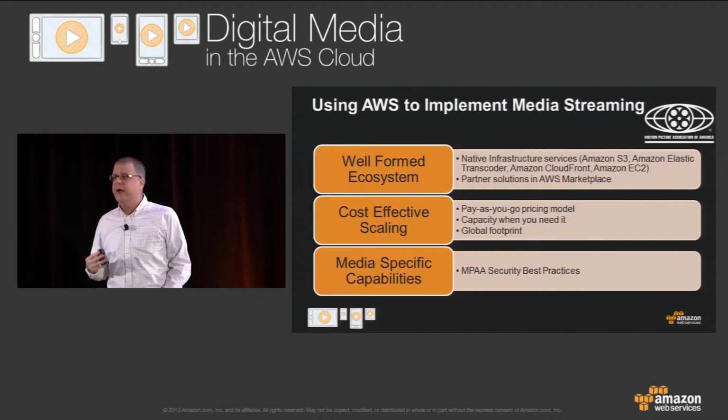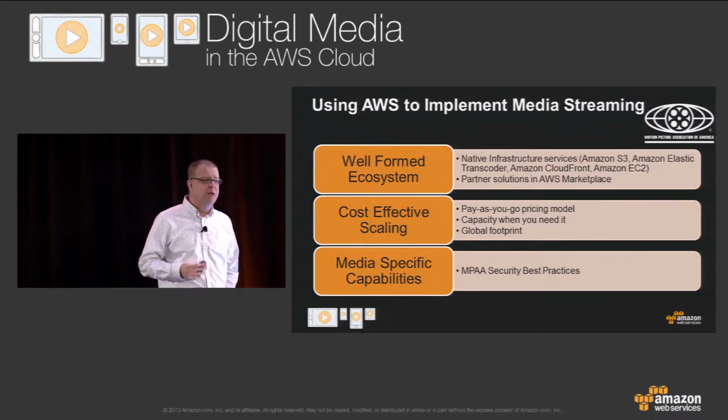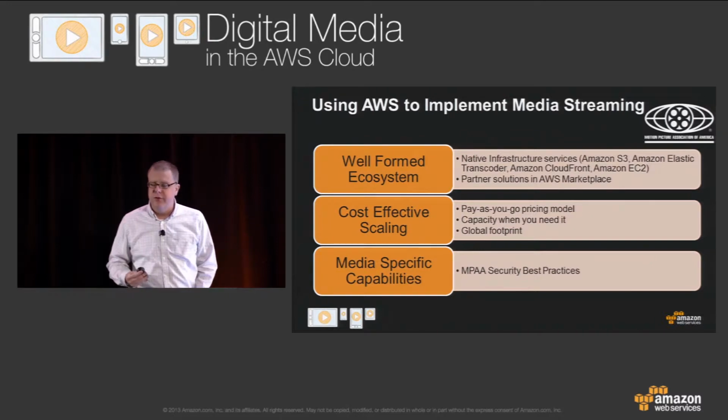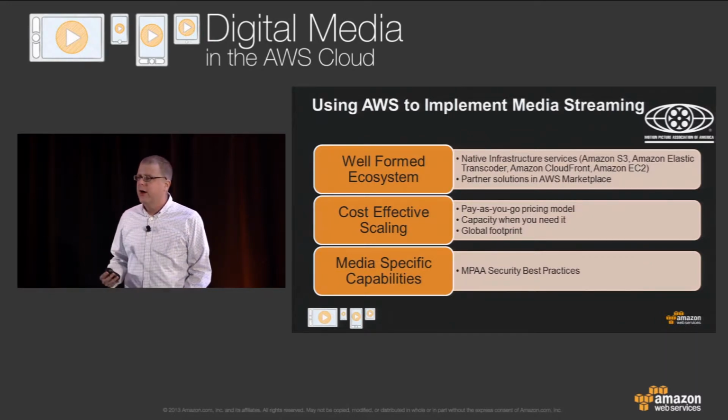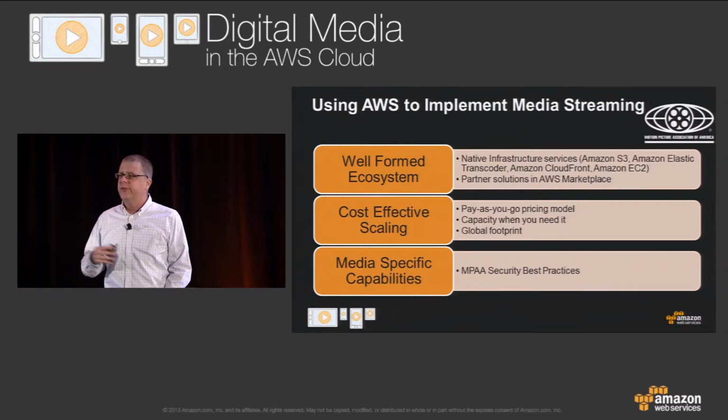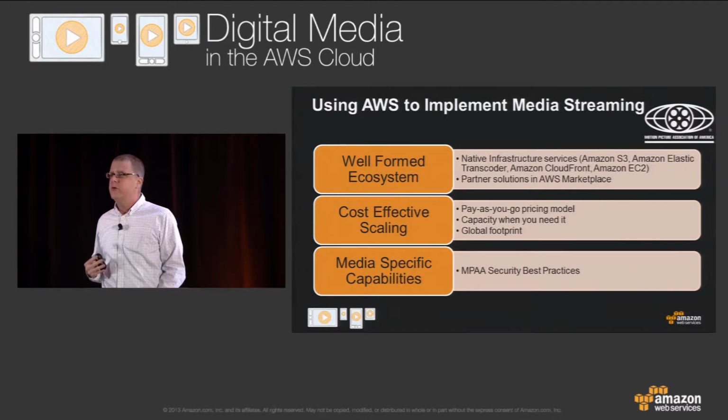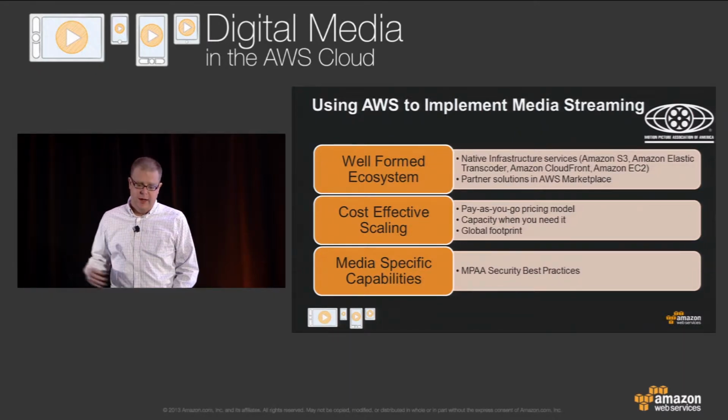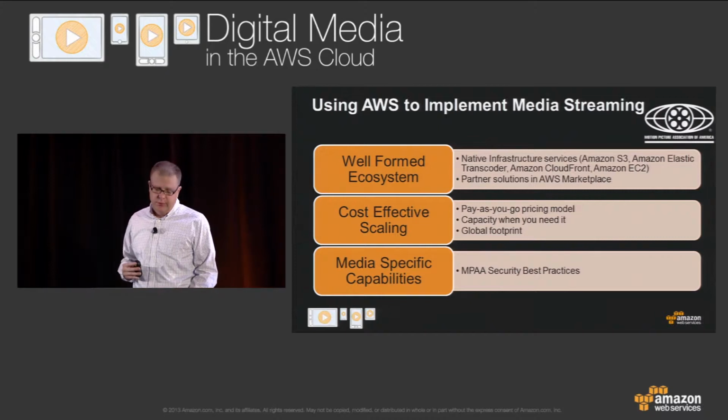But there are also some great partner solutions available in the AWS marketplace to do things like run a streaming server or secure your content. So these things work in conjunction with AWS infrastructure in order to create more options for you as customers.